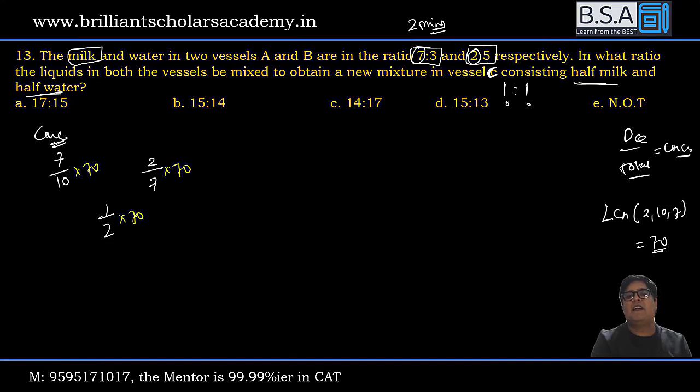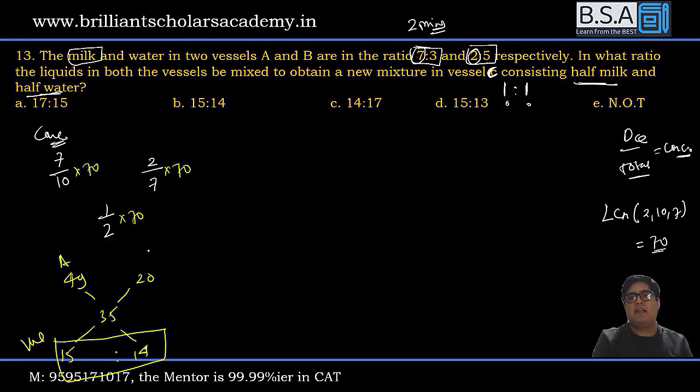I can show you the application of all of this in CAT. So this will cancel, this will become 49, this will cancel 10 times, 20, and this will become 35. Subtract. This is 15/14. So the volume ratio of A and B is 15/14.